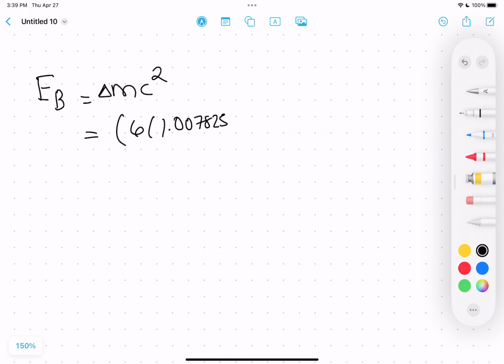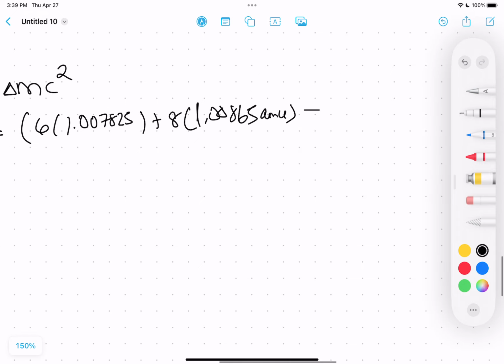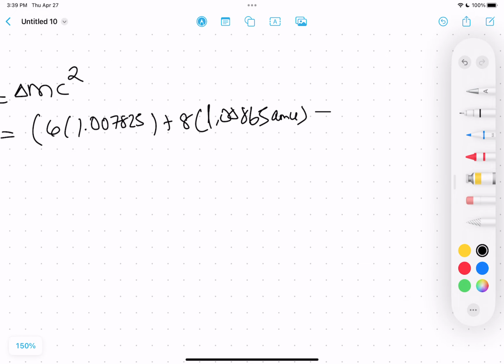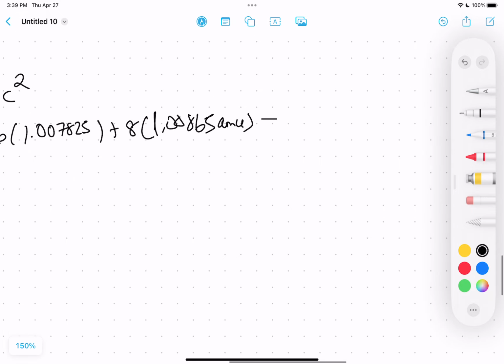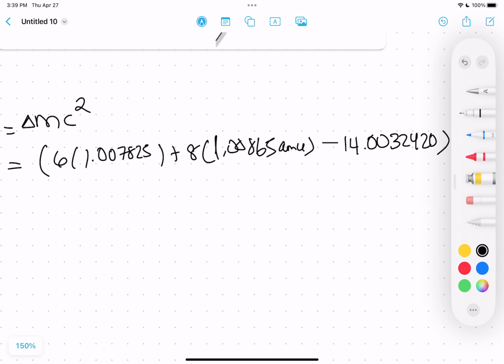So 6 times 1.007825, plus 8 times 1.00865 for the neutrons, and then subtract the mass they gave us, which was 14.0032420.